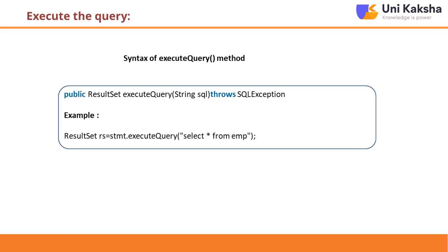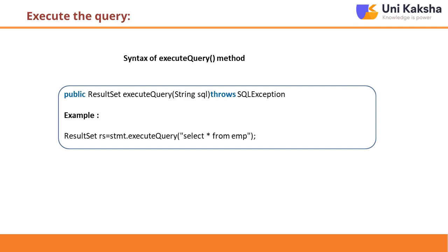Then, if you want to access the data from the database, the next step is that you have to execute the particular query by using the executeQuery method. So here is the syntax given for the executeQuery method. As shown in the example, the executeQuery method of the Statement interface is used to execute queries to the database.